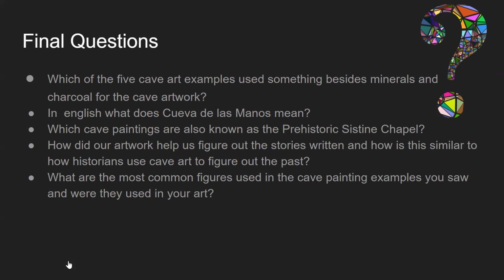Fourth, how did your artwork help us figure out the stories written? And how is it similar to how historians, people who study the history of past cultures, use cave art to figure out the past? And finally, what are the most common figures used in the cave painting examples you saw? And were some of those used in your art?